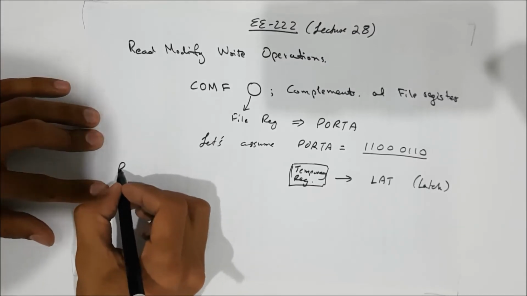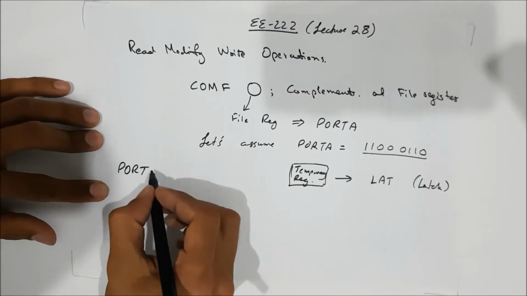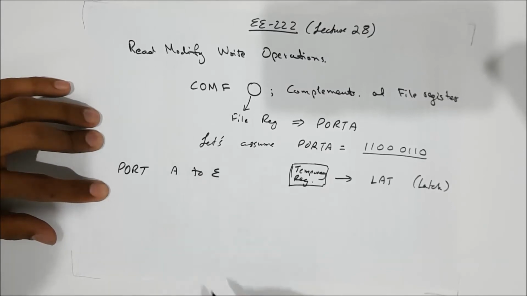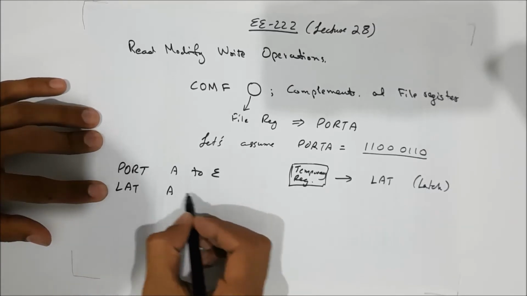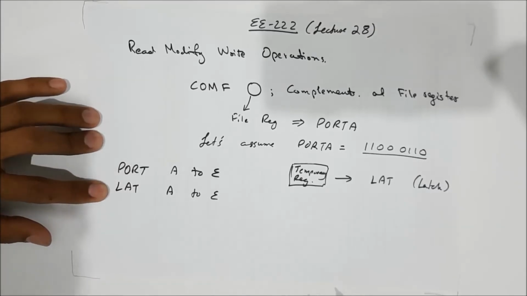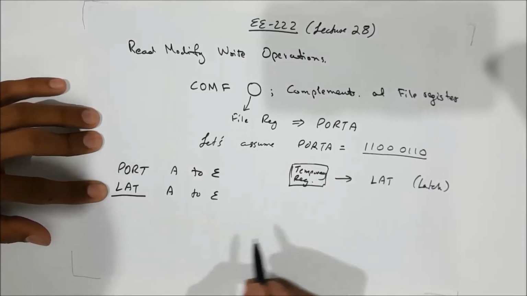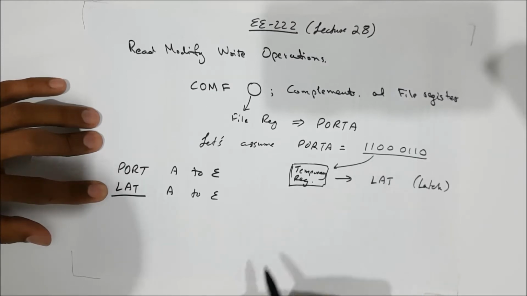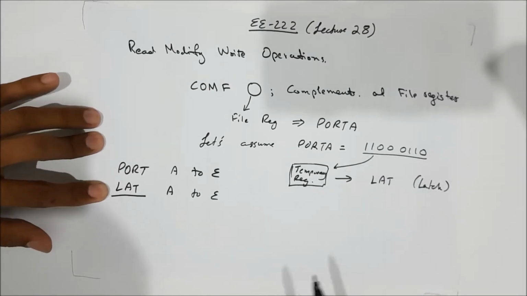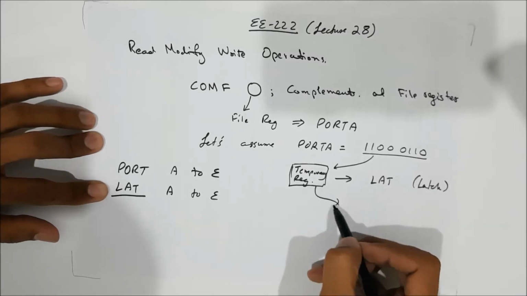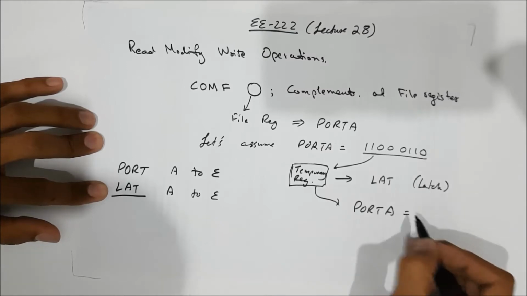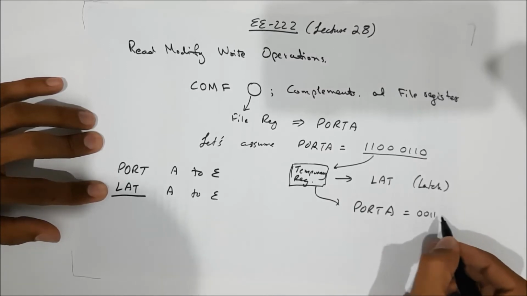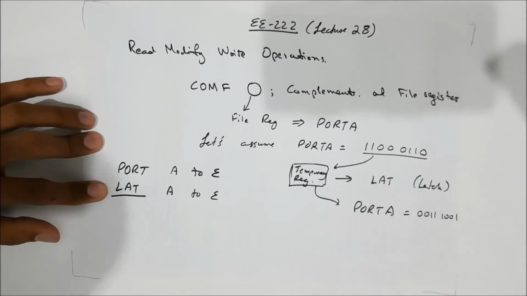We have ports A through E in our PIC18 microcontroller. So this means we have LAT A to E also. The purpose of this LAT is to store the temporary data, then modify it and then write it back to port. So now port A will be 0011 1001.